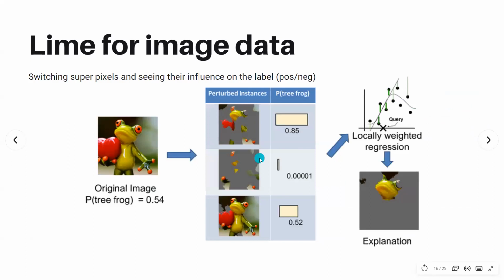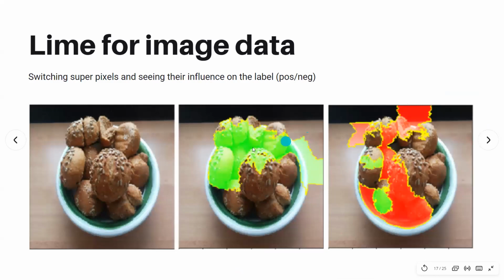So for example, we come here. We generate different instances, right? And then we say that these superpixels are useful or not for the explanation. So this is the explanation in reality. The explanation is only the group of superpixels that gave us the good results.